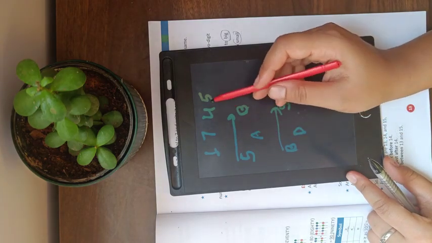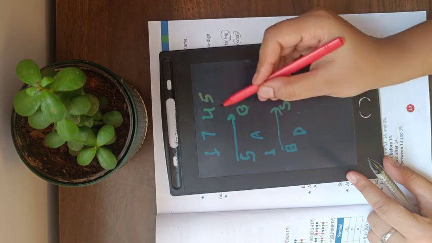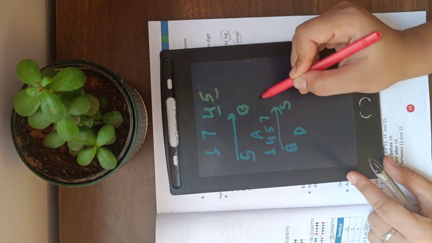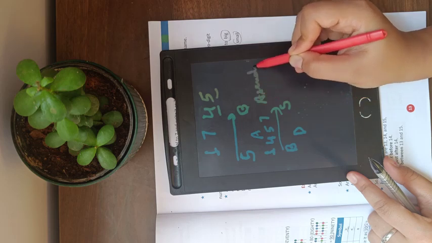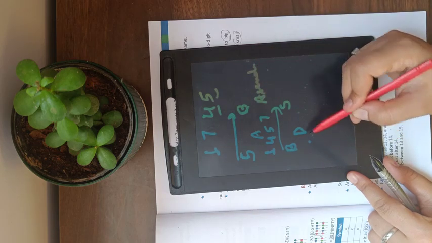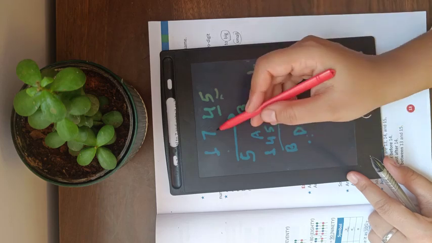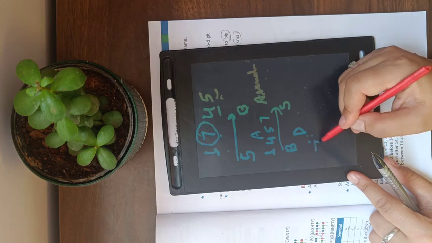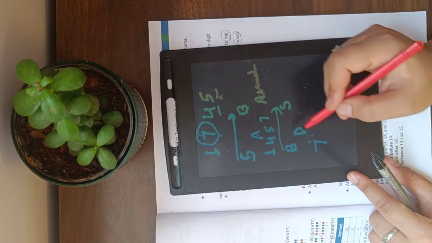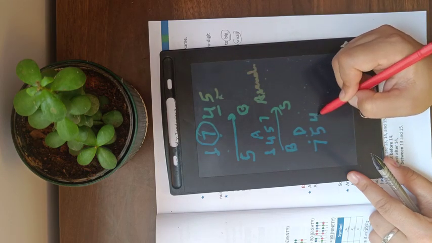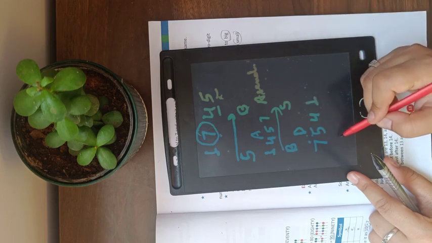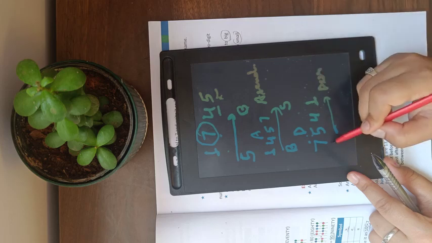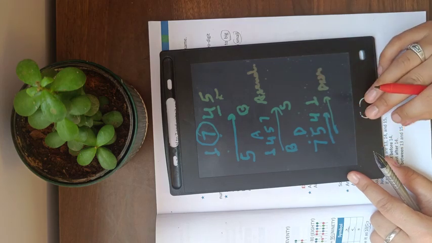Which one is the smallest number? 1, after that 4, then 5, then 7. This is ascending order. And if we need to write these numbers in descending order, what do we write first? The biggest number. What is the biggest number? 7. Then the next biggest, 5. Then 4. Smallest is 1. So this is descending order. We go from big to small. Okay kids?